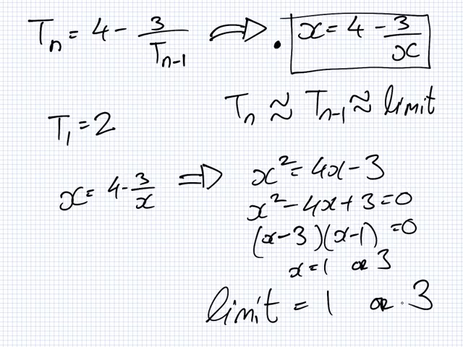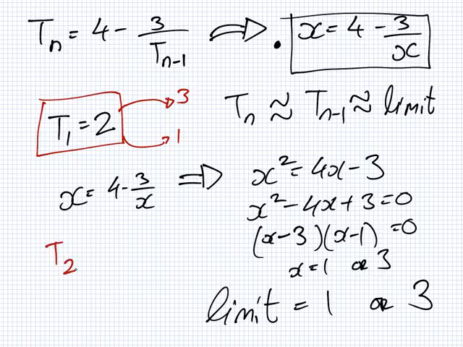But you have to make a choice. Now, if you were to look at the first value, you can't know if the limit will be 1 or 3, because 2 could move to 3 or it could move to 1. It's exactly in the middle. You don't know which way it's going to go. So you're going to need your calculator to at least calculate T2.